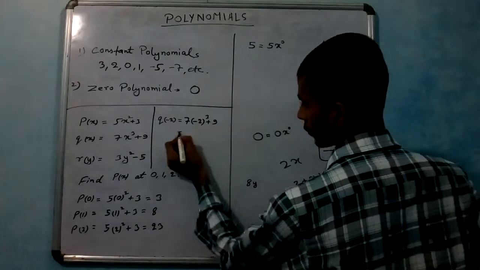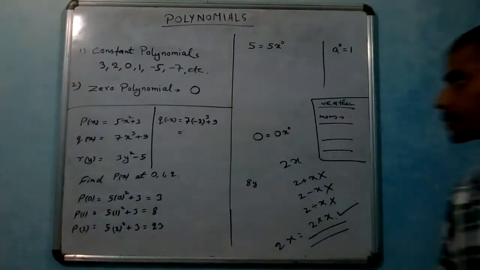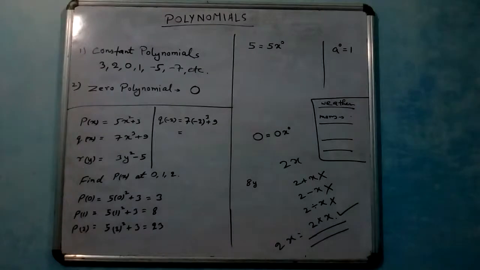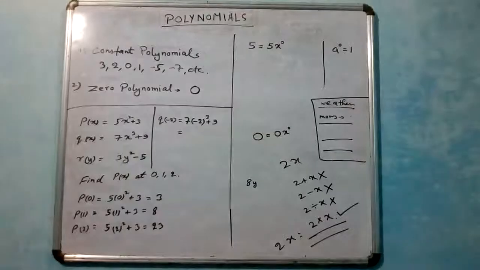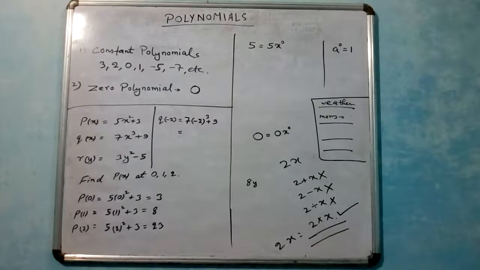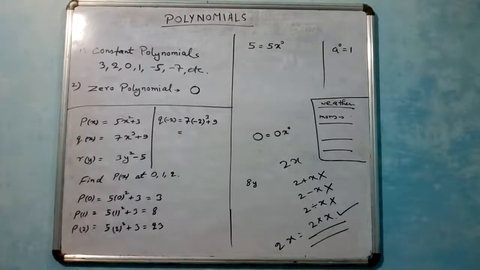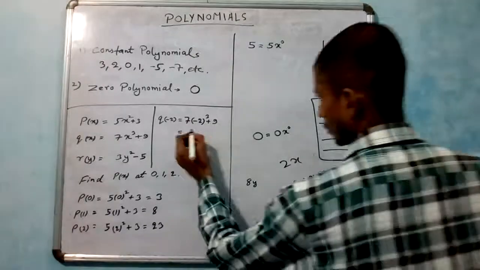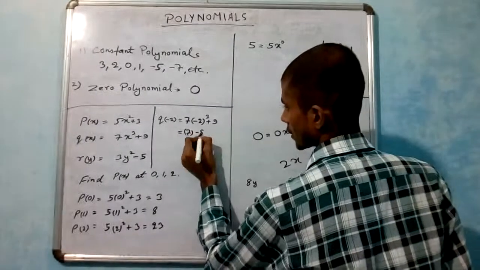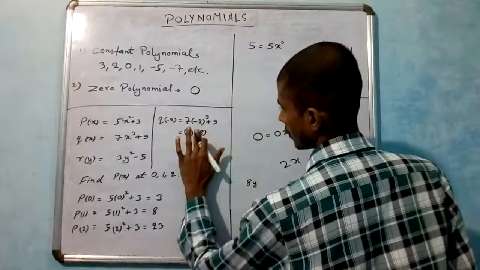What will be its value? So it will be minus 8. 7 into minus 8 and then plus 9.